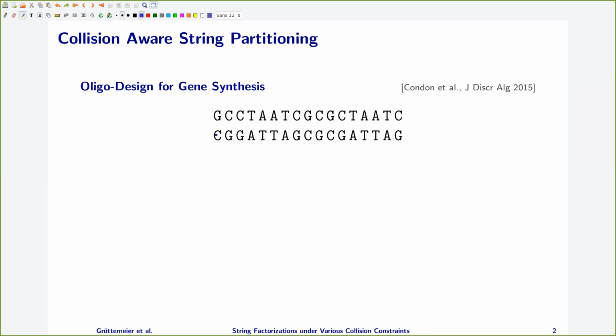So let me start off with one possible set of oligos here. We could create the blue string, then this red string, then this green one, this grayish one, and then these strings on the other side.